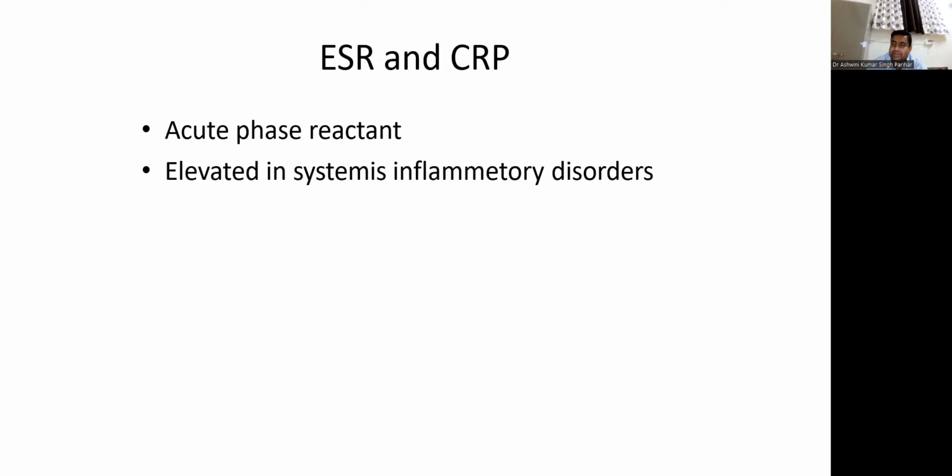ESR and CRP are among the prime tests done in cases of uveitis. Whenever we select the patient for blood tests, the first few important tests needed are CBC, ESR, and CRP, because ESR and CRP are acute phase reactants, so they can be elevated in selective inflammatory disorders.